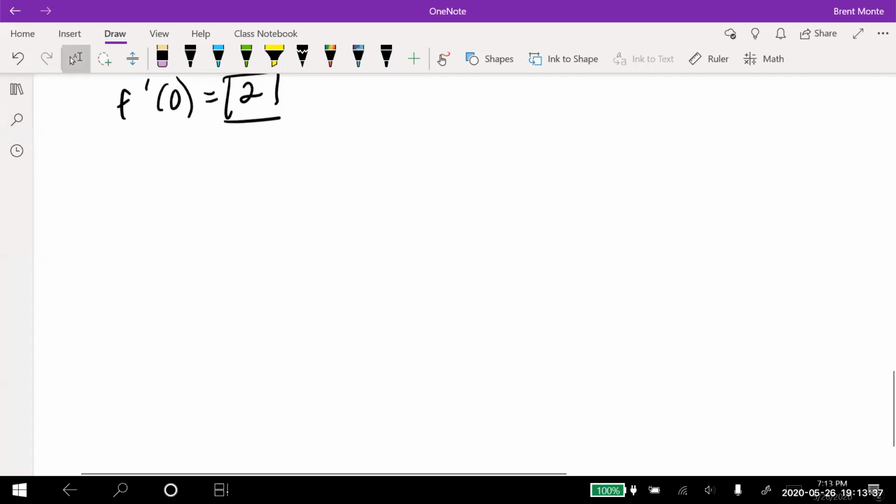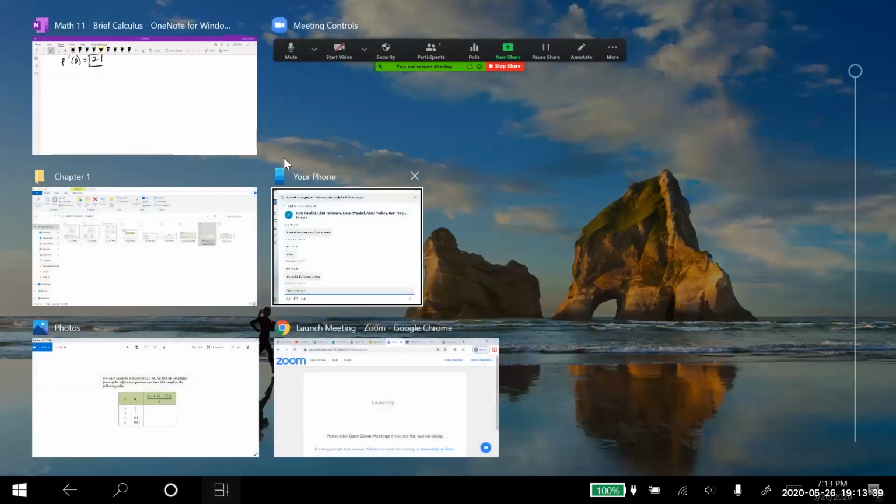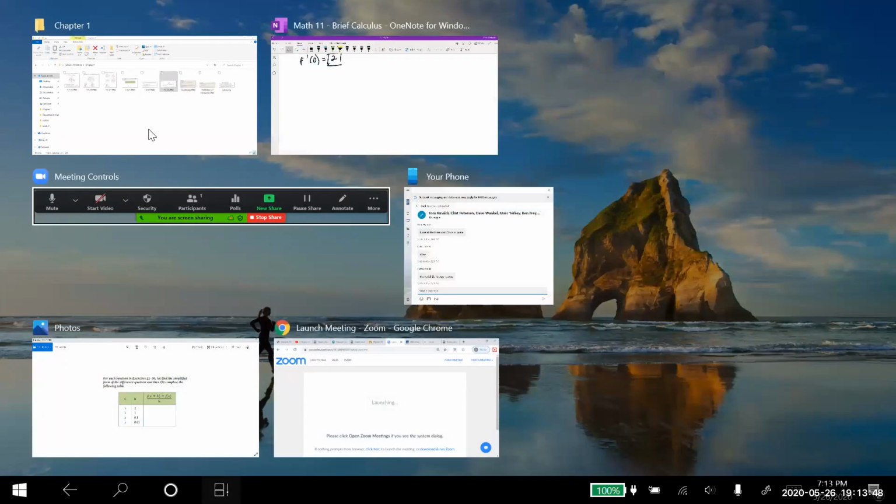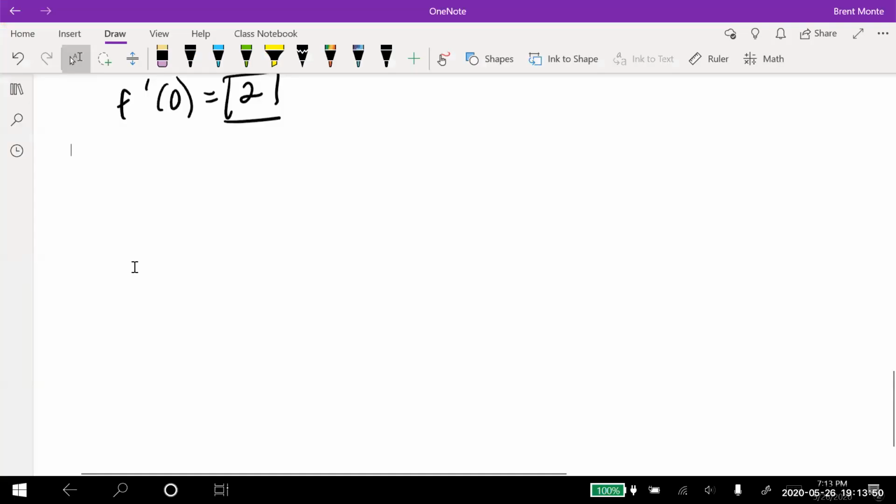So let me pull an example out. And here's our example, and we'll paste this in. It's problem 26.